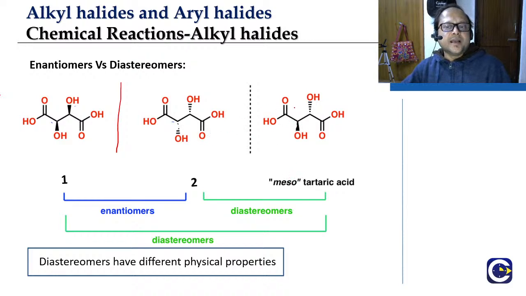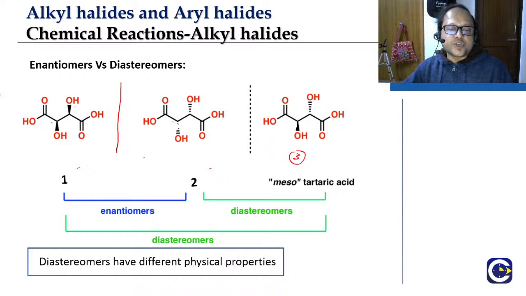Now if you see, this is neither a mirror image of one nor of two. Since they are not mirror images, they are simply diastereomers. So the relationship of the third structure with both 1 and 2 is that of diastereomer, while that of 1 and 2 is that of enantiomers, right?